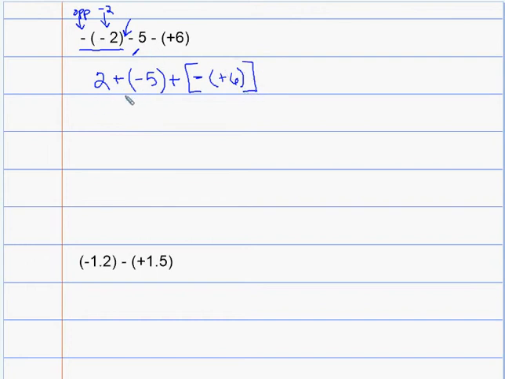Okay, so adding the opposite of 5 is negative 5, so we can do this part. What is 2 plus negative 5? That would be negative 3, plus what is the opposite of positive 6? So the opposite of 6 would be negative 6. So this is going to be plus negative 6, which is going to give us negative 9.